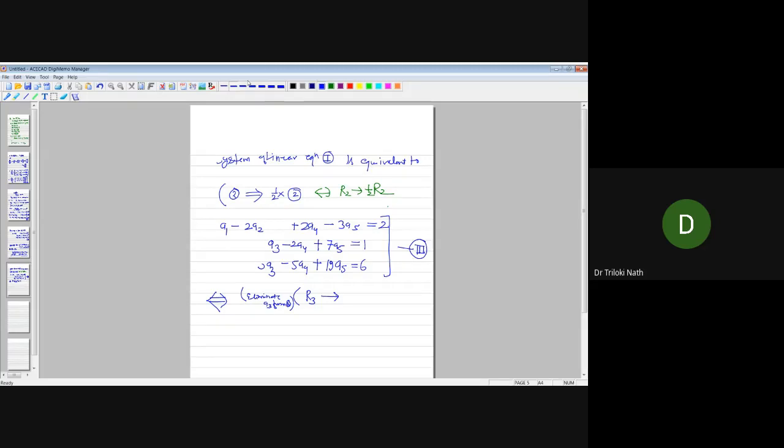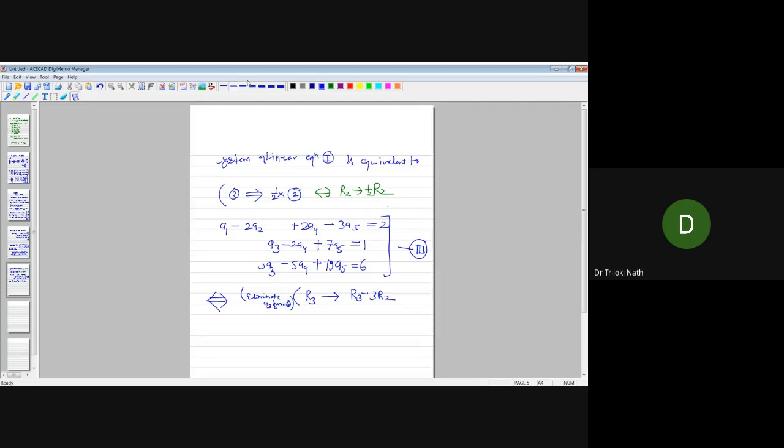So R3 is replaced by R3 minus 3R2. What does it mean? It means we are going to subtract from equation 3 thrice of equation 2.